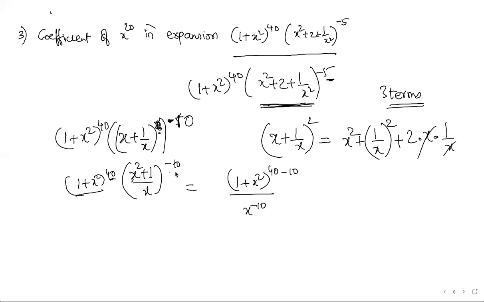When you multiply, the indices will be added, 40 minus 10. So it's 1 plus x square whole power 30 into x power minus 10. When it comes to the numerator, it will be x power 10.